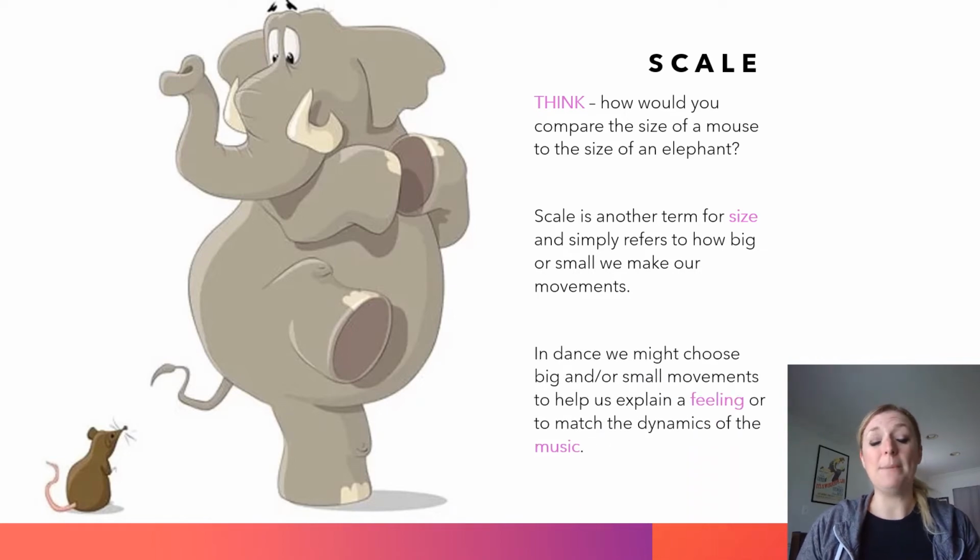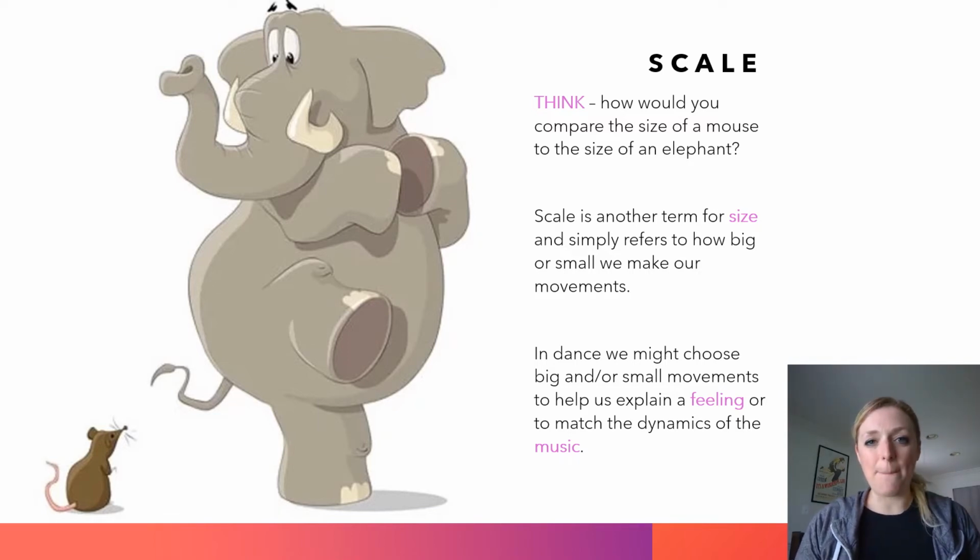In dance, we might choose a variety of movement sizes and scales, and that can help explain to an audience the feeling. Or don't forget, if you've chosen to make a narrative dance, which is a dance with a story, it might help to explain your character. And it could also match the dynamics, which is the quality of the music.